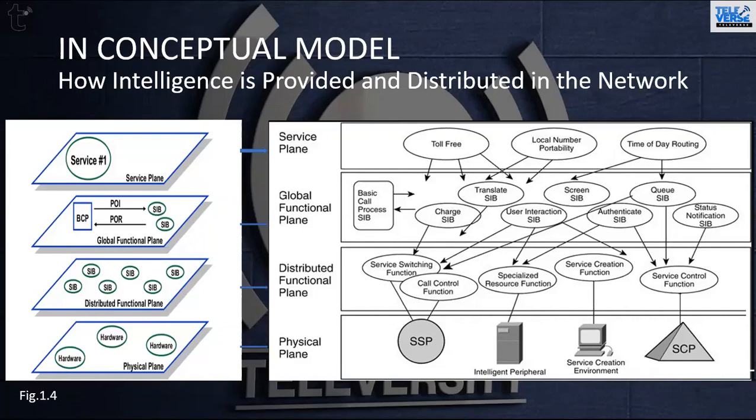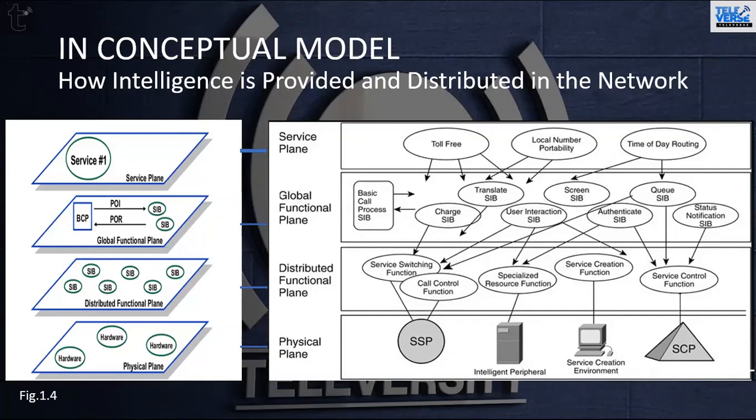Then service creation function belonging to the service creation environment. Then the pyramid hosting the SCP points to a service control function under the distributed functional plane. So what function does the SSP perform? What function does the IP perform? What function does the service creation environment perform? What function does the SCP perform? Basically, that is that, as simple as that.